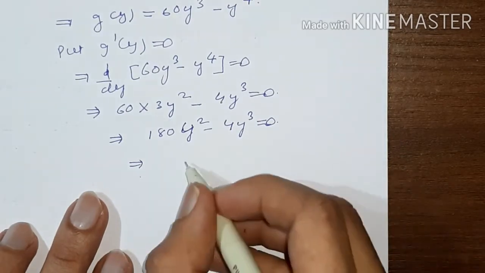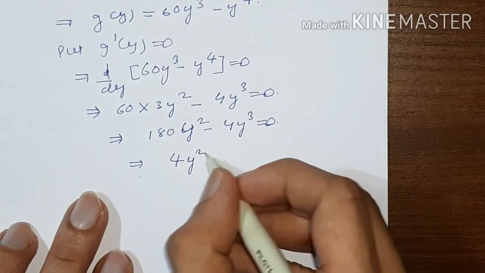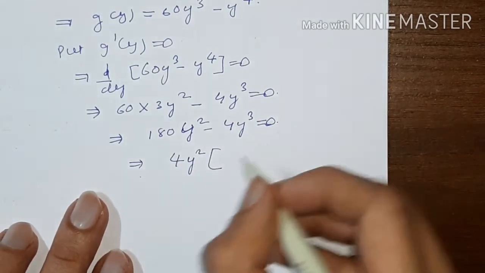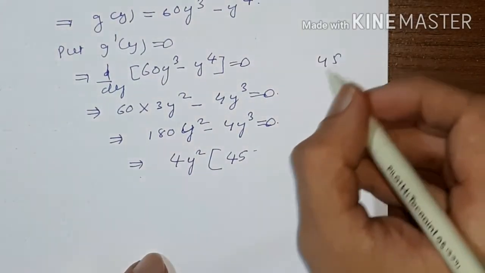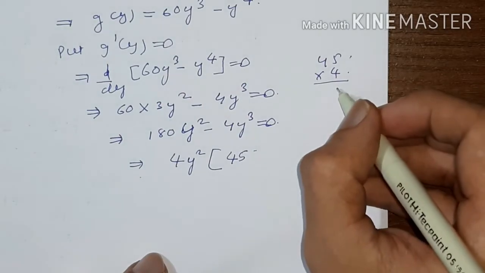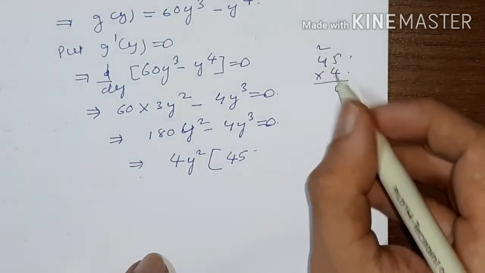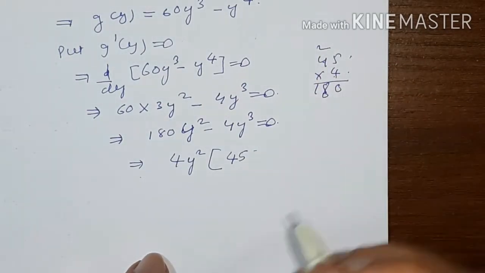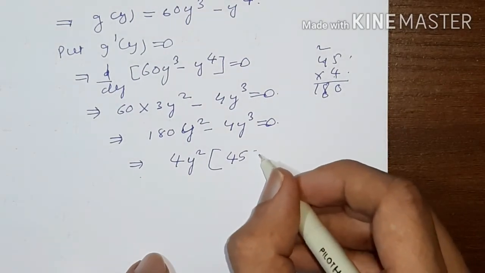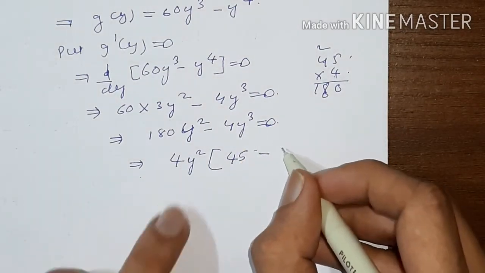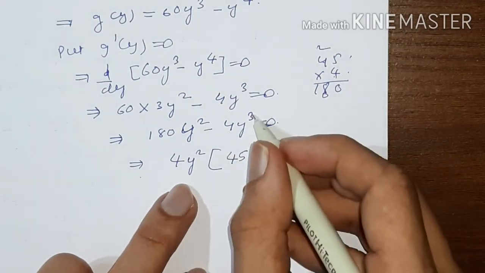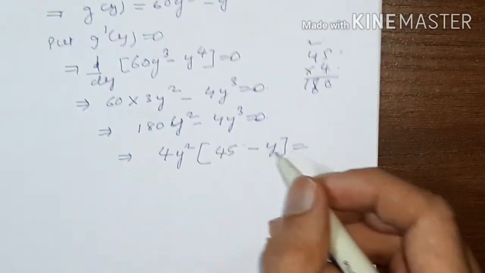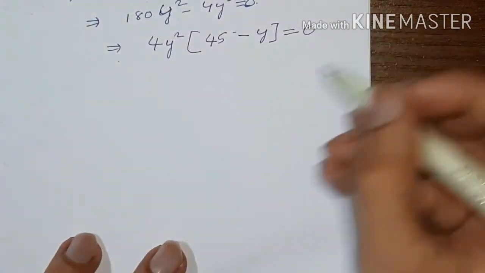Now if you take 4 and y square common, what you'll get? 4 times 45 is 180, so 180 becomes 45, minus y, because you are taking 4y square common and 1 y will remain, equal to 0.